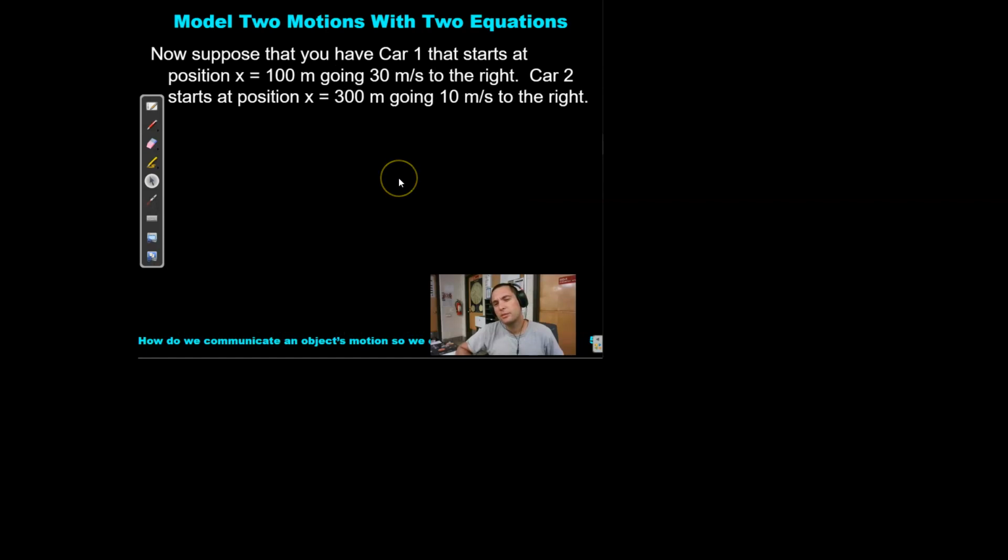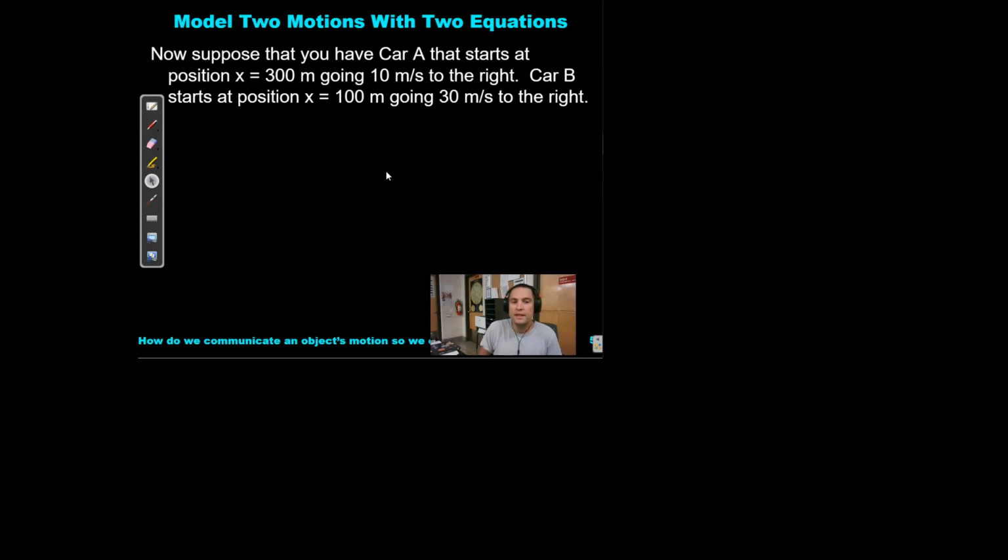Now, let's say we gave you that car 1 starts at position x equals 100 meters, going 30 meters per second to the right. Car 2 starts at position x equals 300 meters, going 10 meters per second to the right. Where do the cars meet?